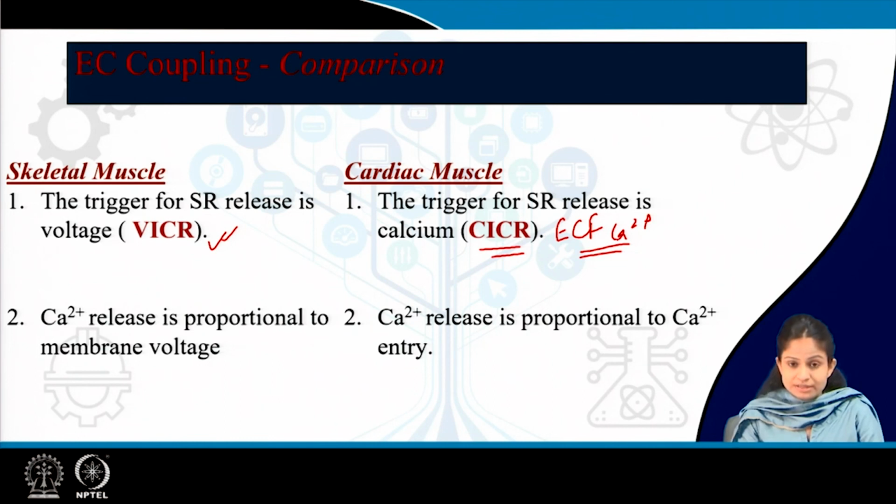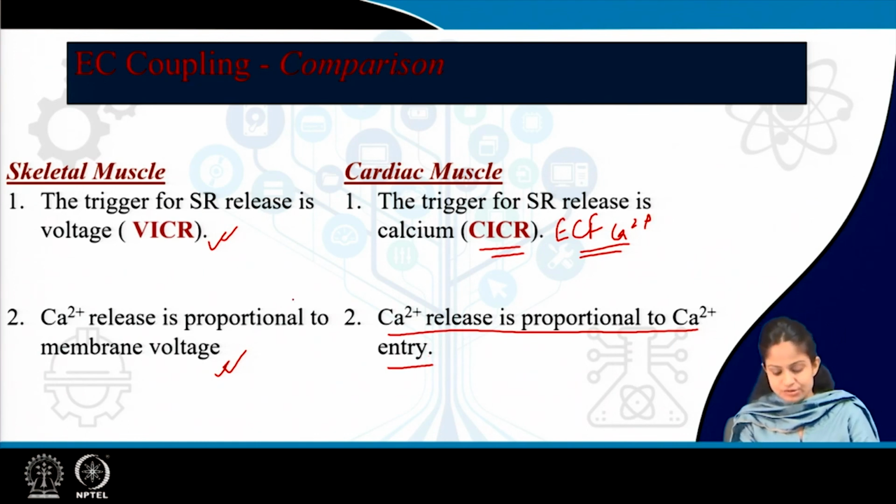The calcium release is proportional to the membrane voltage in case of skeletal muscle, while in cardiac muscle the calcium release is proportional to the calcium entry, not to the membrane voltage. So, the calcium release will also occur in that way, that is why we get calcium sparks over there.